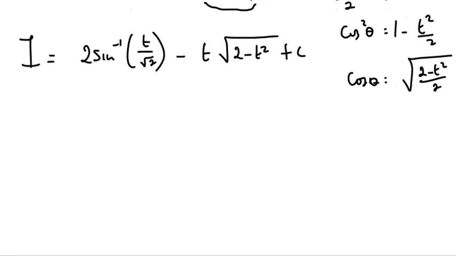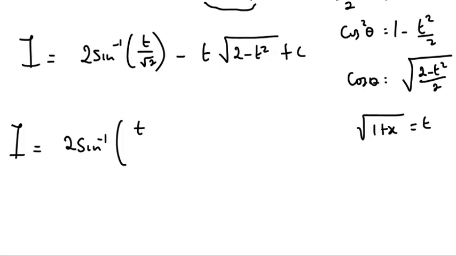Then we need to recall again that square root of 1 plus x is equal to t. Therefore I is equal to 2 inverse sine of, no more t, so that's going to be the square root of 1 plus x divided by the square root of 2, which can be written as square root of 1 plus x divided by 2, just like this, okay?